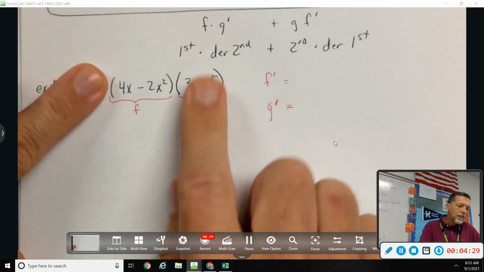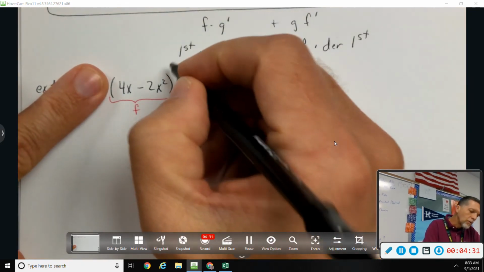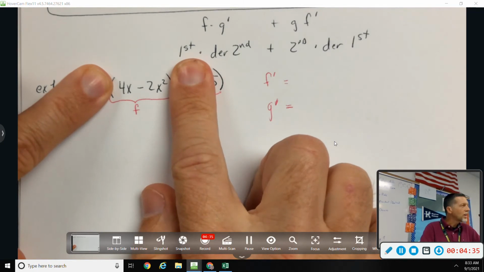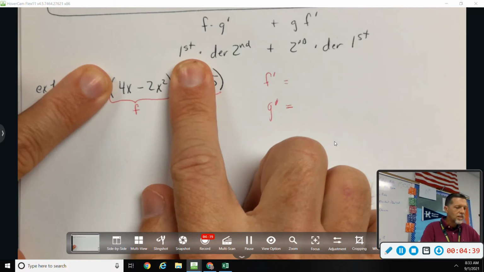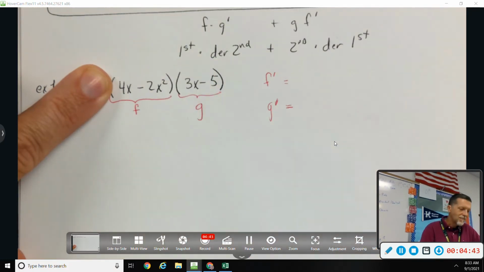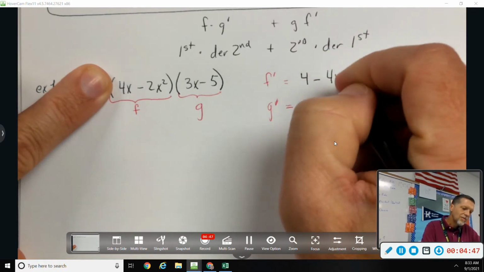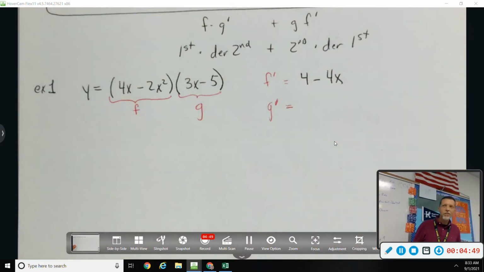Yep, but I'm not worried about that. I'm just looking at 4x minus 2x squared. Oh, okay. So then it's, because the x is to the power of 1, it's just 4 minus 4x. Got it. Good. It's okay, we're still learning the power rule while we're using it to learn other stuff. Good, yeah, 4 minus 4x.